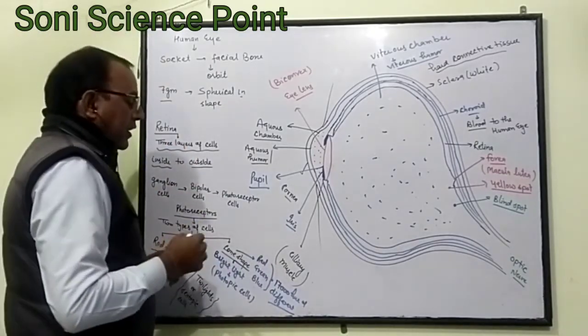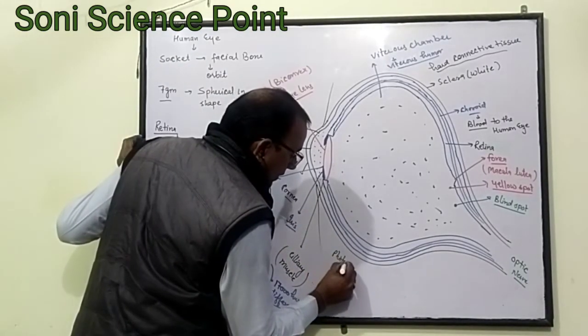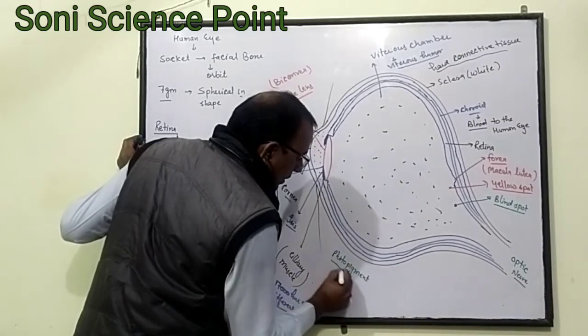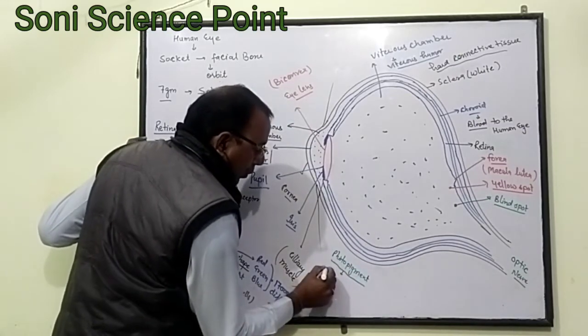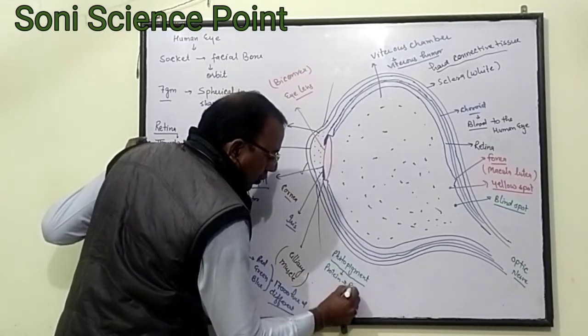One more thing, in the human eye, the main photopigment is a protein that is called rhodopsin.